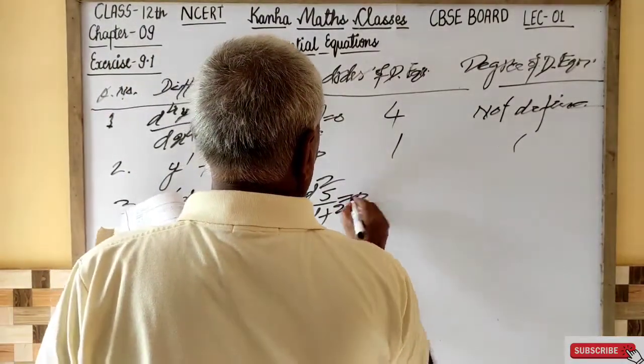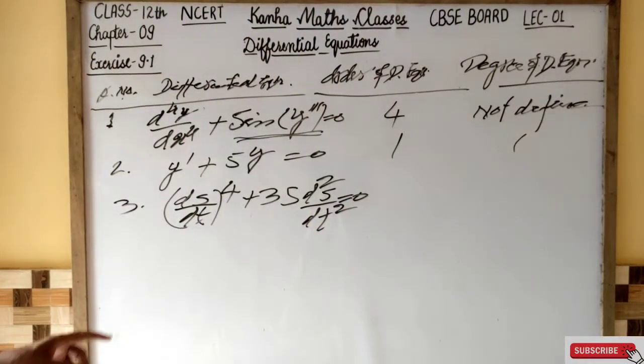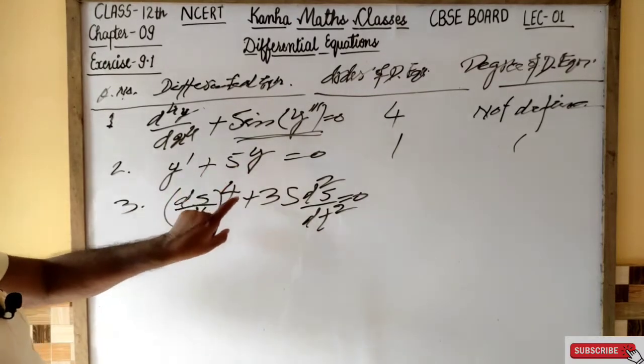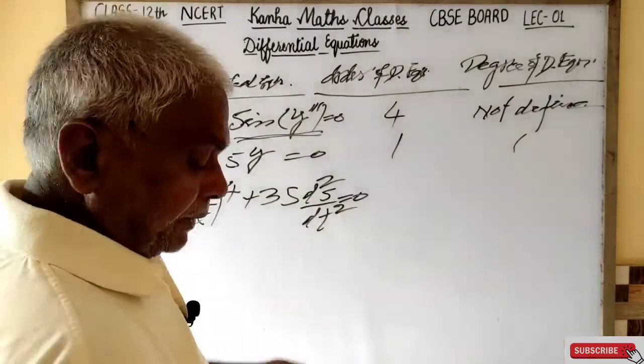In the third differential equation, we observe that ds by dt is raised to the power 4, plus 3s d square s dt square.